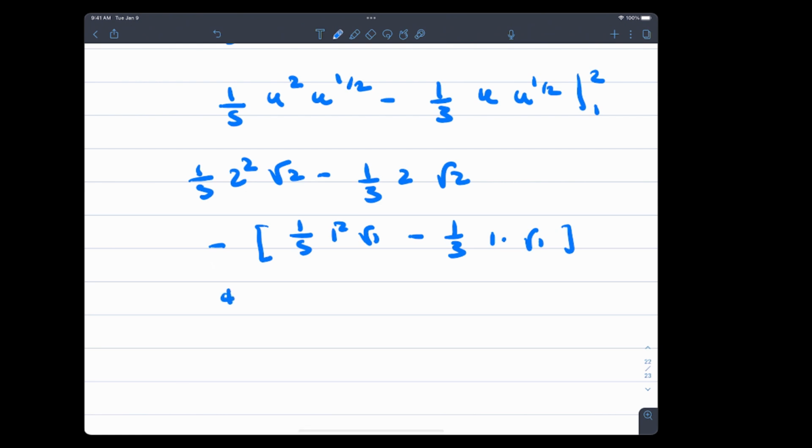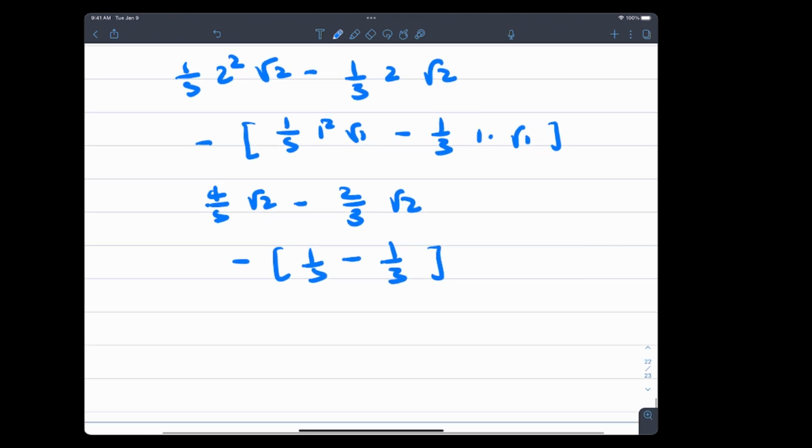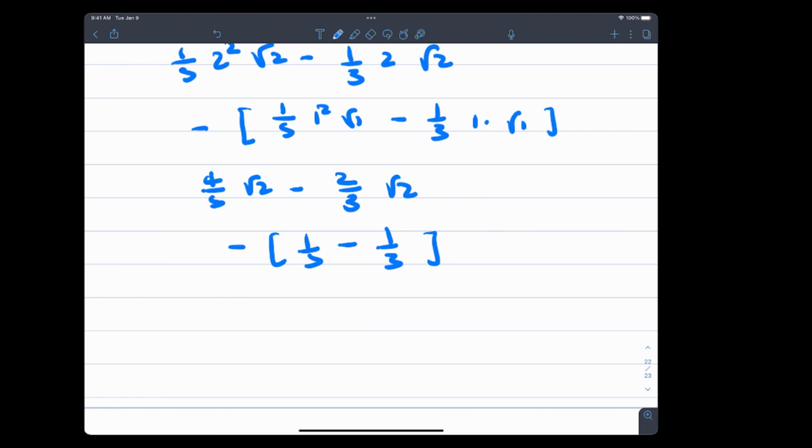And now that's 4/5 square root of 2 minus 2/3 square root of 2 minus 1/5 minus 1/3. And then you're going to have to do some algebra here, right? Some arithmetic. What do I mean? 4/5 minus 2/3 square root of 2 minus 1/5 minus 1/3.